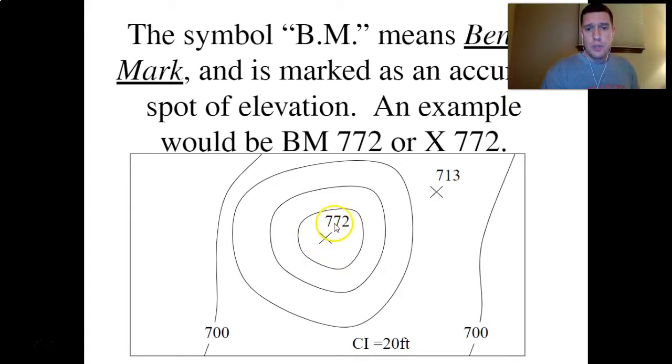Whenever you see an X with a number next to it, that's telling you this is an accurate elevation for this spot right here. You started right here at 700, and every line is a new 20 feet. So this is 700, 720, 740, 760. Now the top of the hill is right there, and it happens to be 772.